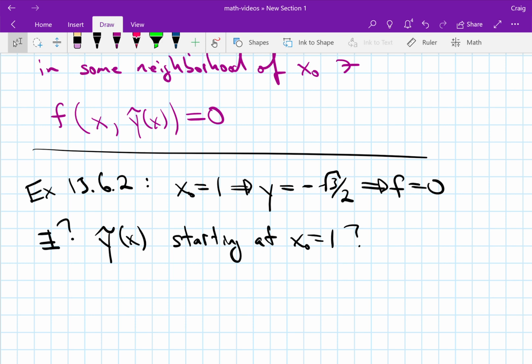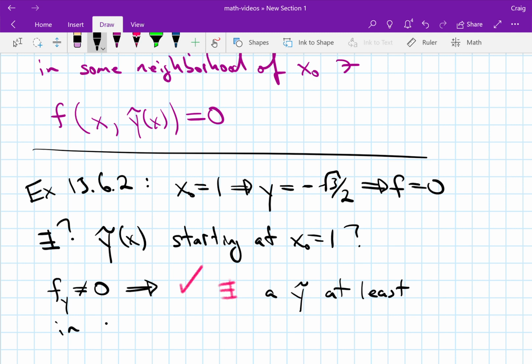So can I define that implicit function? What do I need to do? I ask the theorem: is the y partial derivative of f evaluated at that point not equal to 0? That means bingo, the theorem tells us that there exists a y tilde at least in some neighborhood.